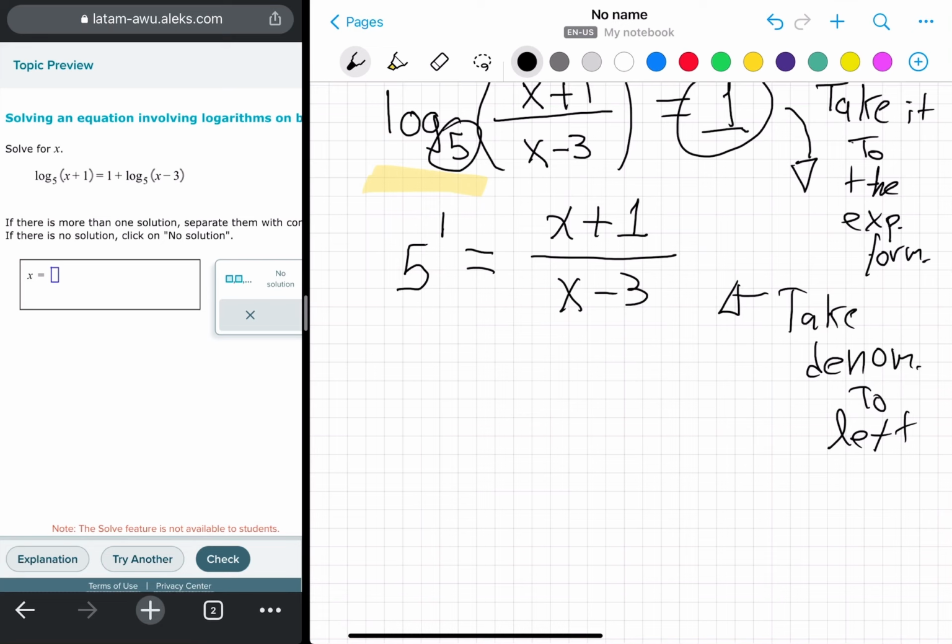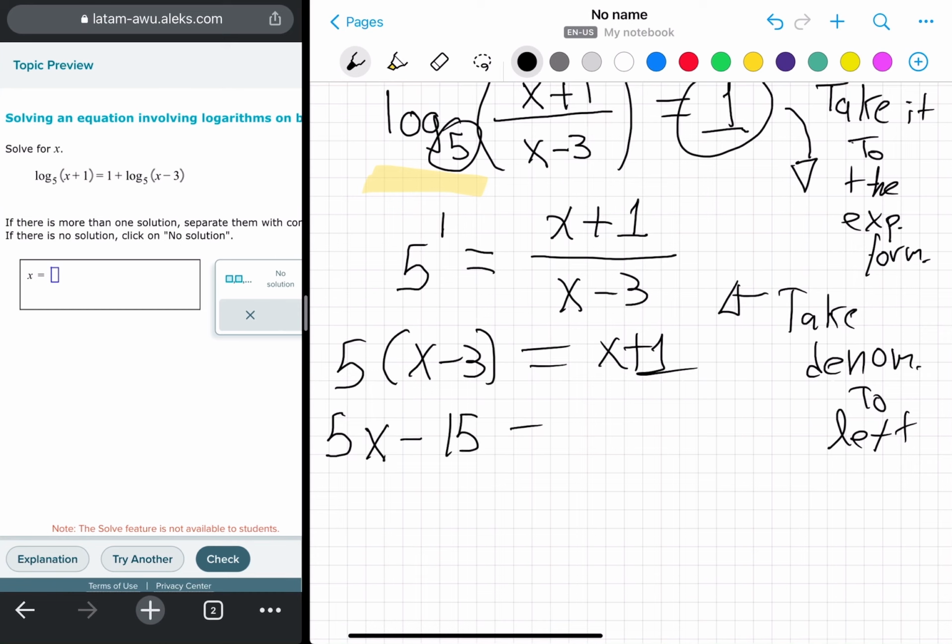Well, multiplying, because it is dividing, so I'm gonna move that multiplying. Then I do the multiplication here. I do the distribution, so it's going to be 5x minus 15 equals x plus 1.